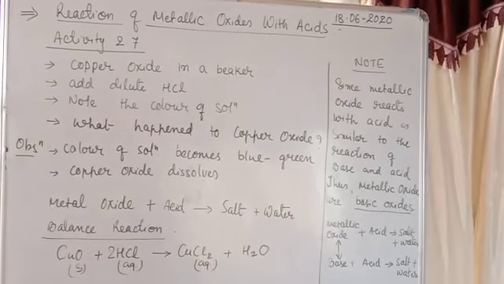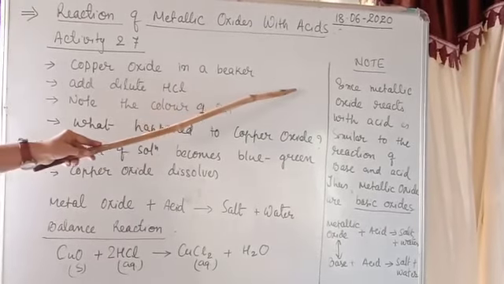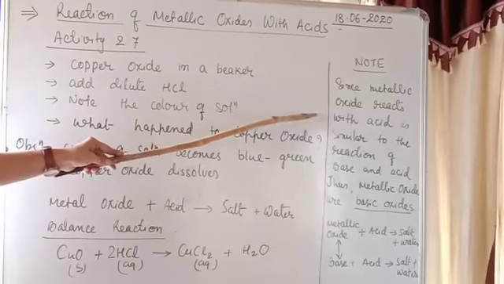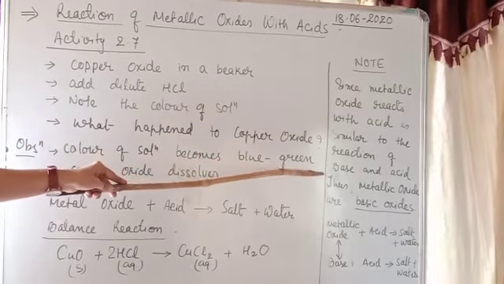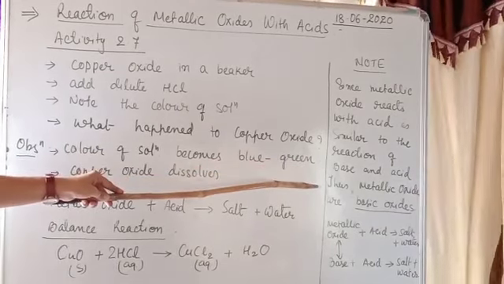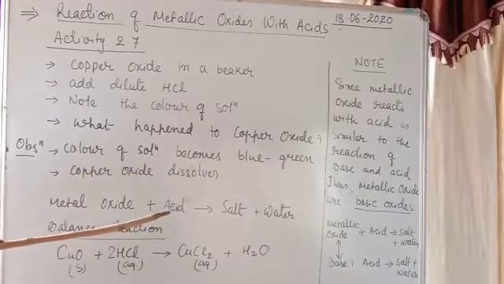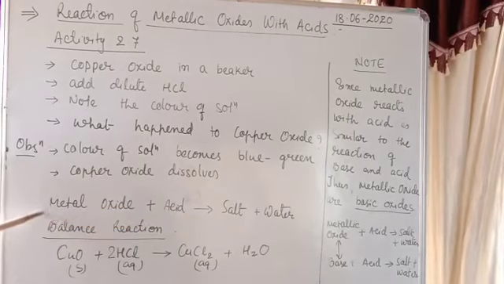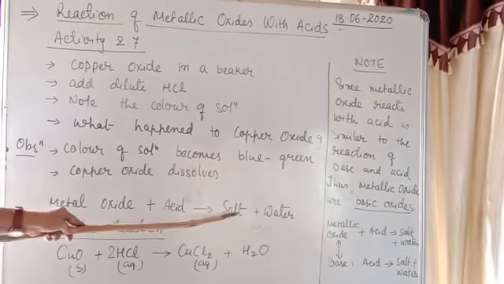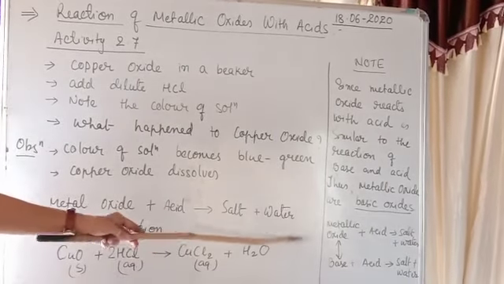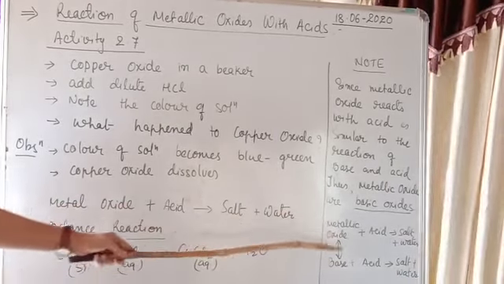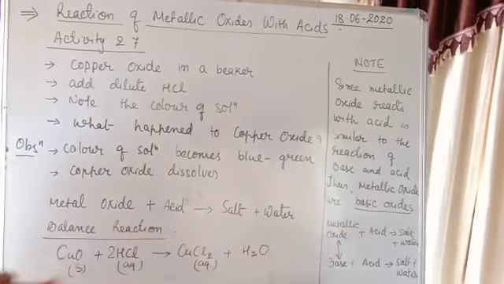So for that you can see one note here: since metallic oxides react with acid, it is similar to the reaction of base and acid. Thus, okay, now see here, if acid and a dash gives you salt and water, what will you write here? Base. See, I have written here, metal oxide plus acid gives you salt and water.